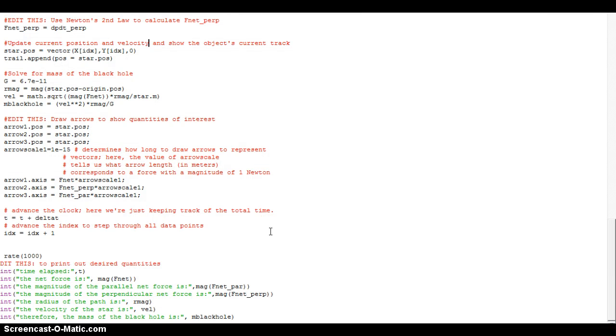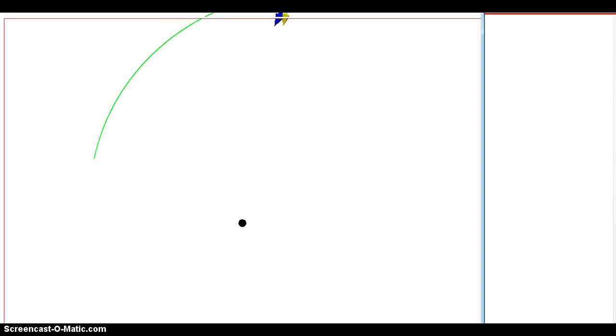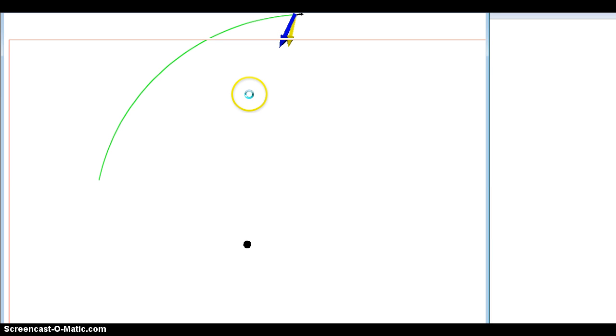So if we go to Python and run the module, here we can see that the yellow arrow is the net force, the blue arrow is the perpendicular component of net force, which points towards the center of the kissing circle, and the black arrow is the parallel component of the net force.